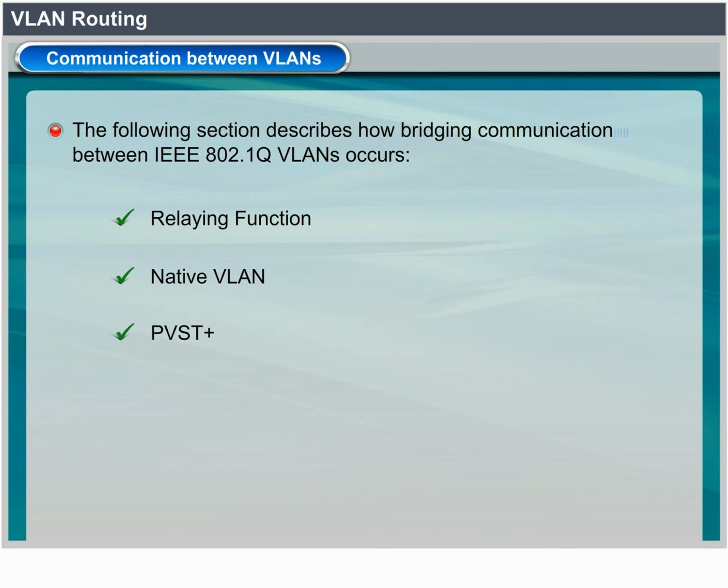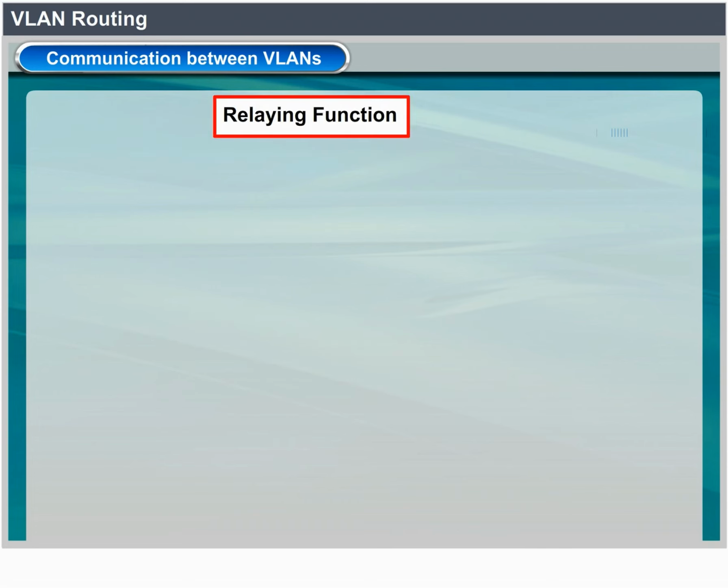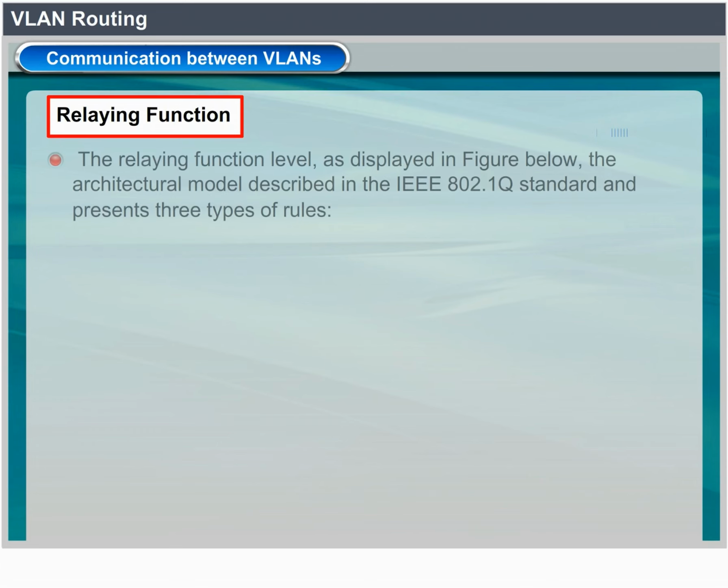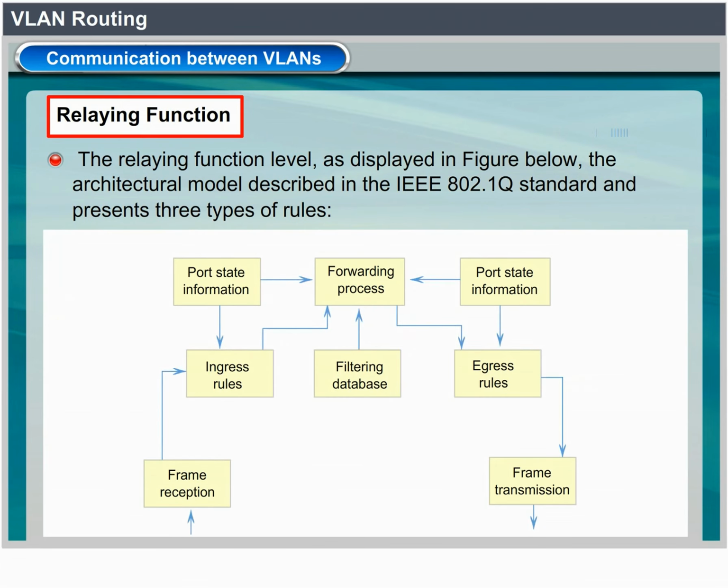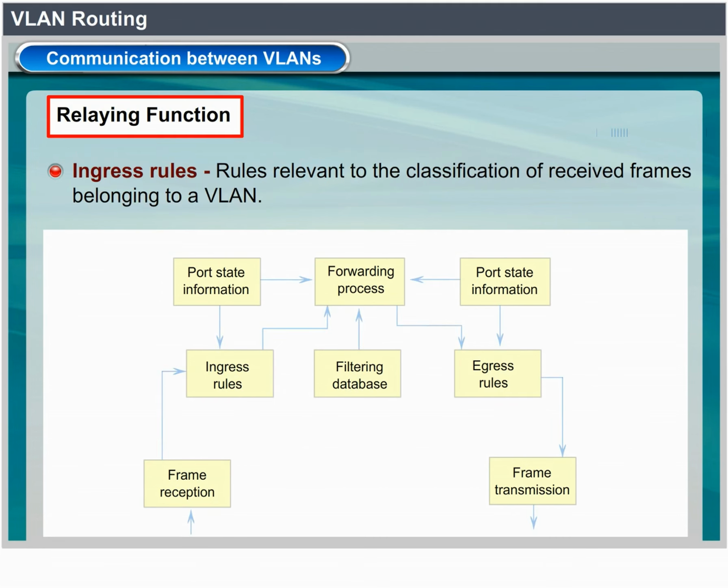Relaying function. The relaying function level, as displayed in the figure below, is the architectural model described in the IEEE 802.1q standard and presents three types of rules. Ingress rules: rules relevant to the classification of received frames belonging to a VLAN.